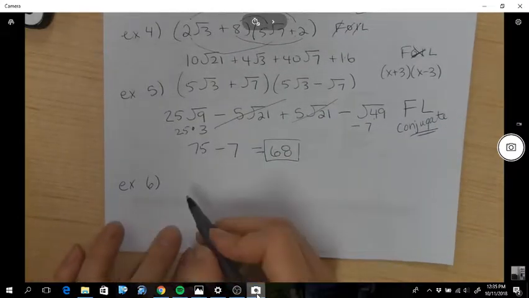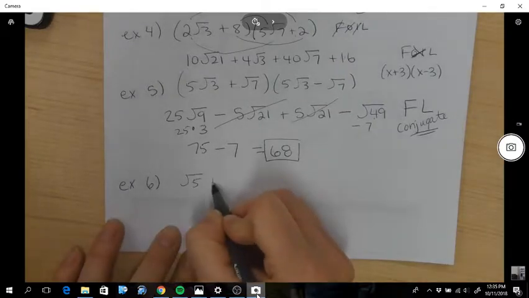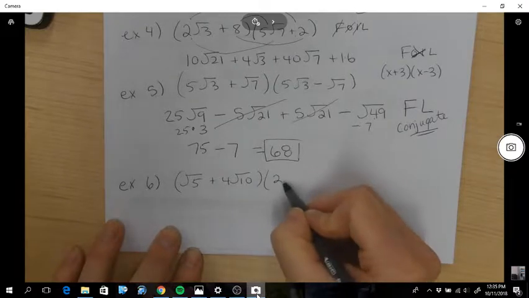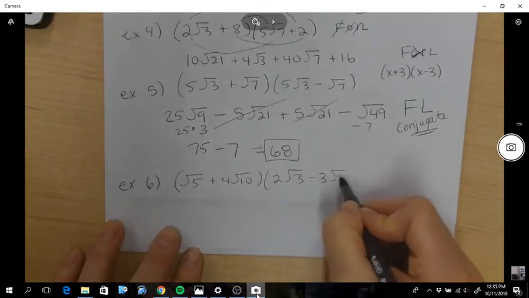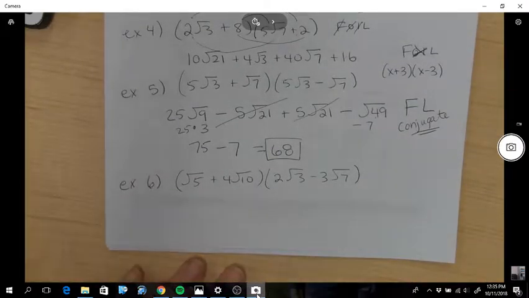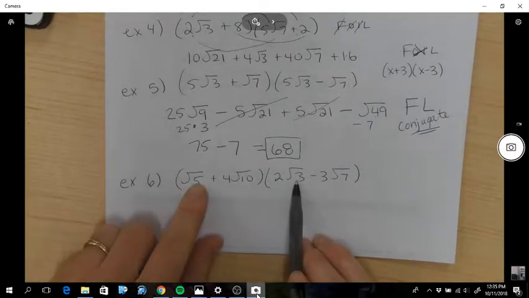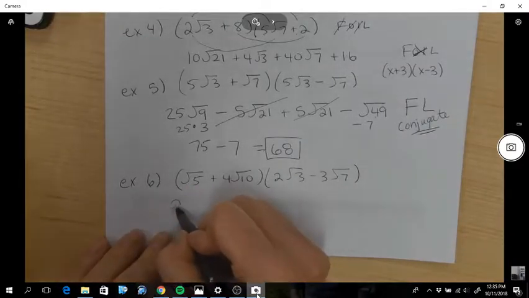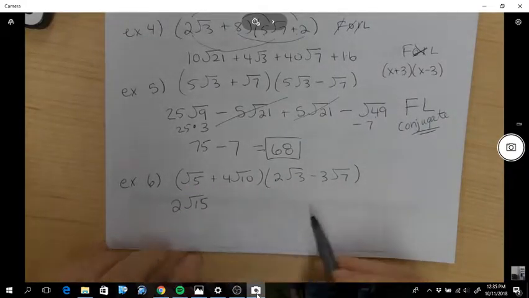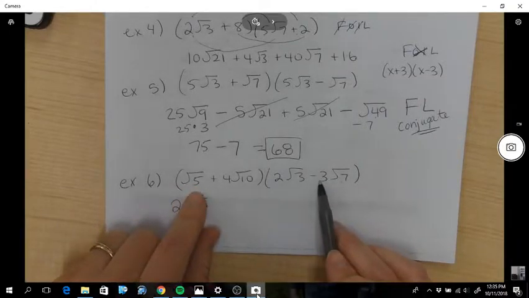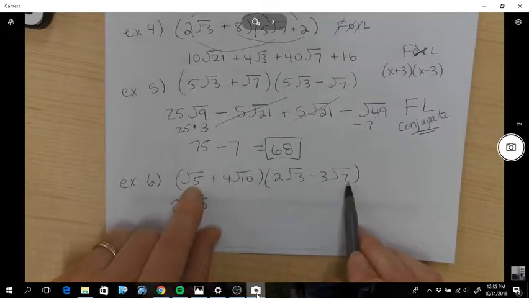Okay, example 6. Root 5 plus 4 root 10 times 2 root 3 minus 3 root 7. Okay, so let's do the whole FOIL. So first we have coefficient 2, radical 15. Outsides, we have coefficient negative 3, root 35.